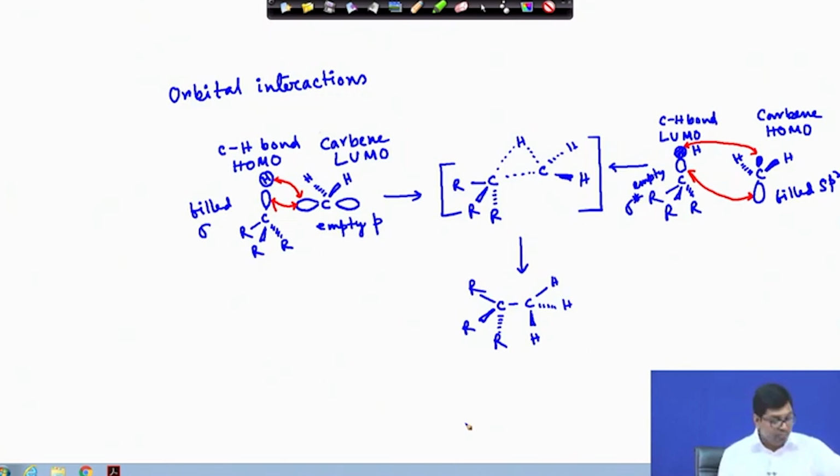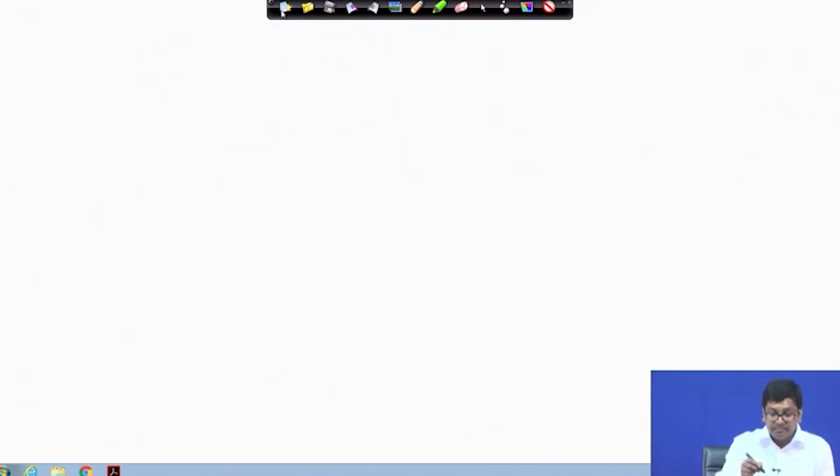We will now see a few examples where this carbene species has been inserted into a carbon hydrogen bond. As an example, take this particular diazo compound as a carbene precursor.